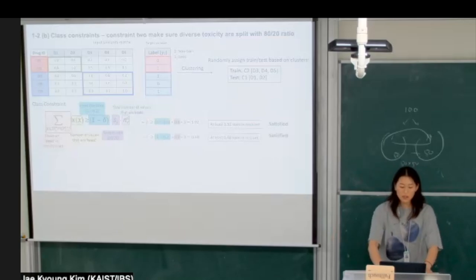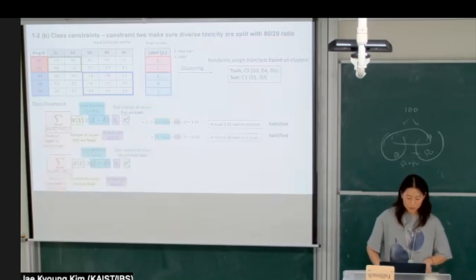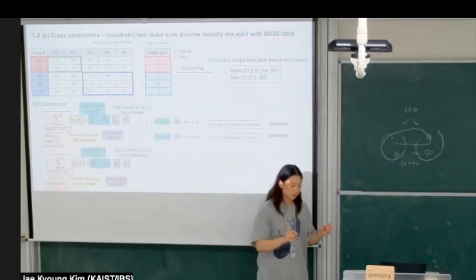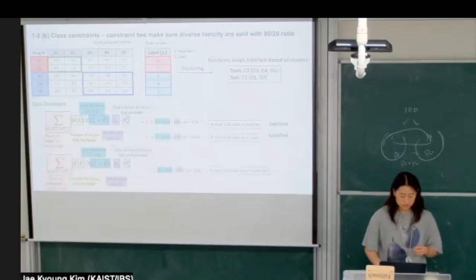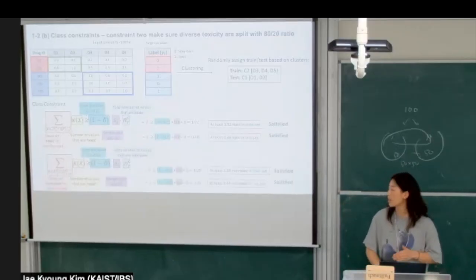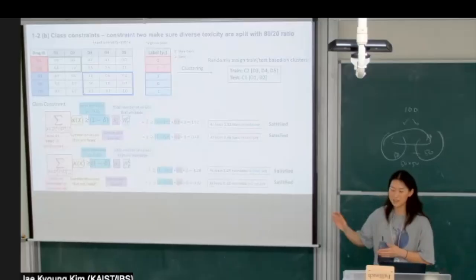Okay. Good. And now we want to focus on non-toxic. This is the same thing, but only for the non-toxic. If we do this again, we can see that it all satisfies, because I made the example.